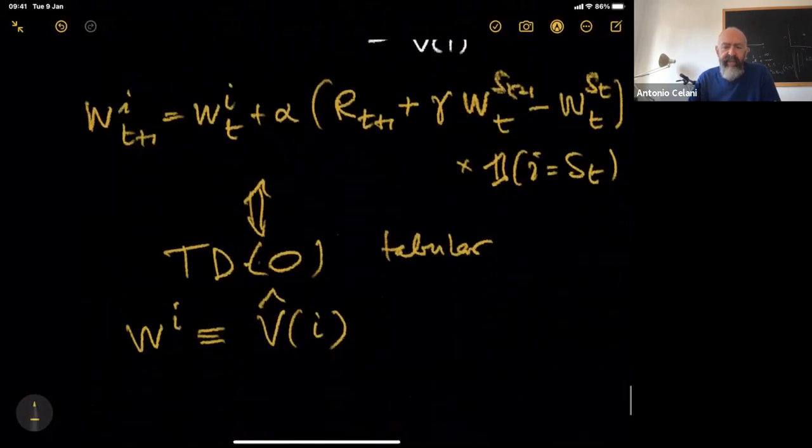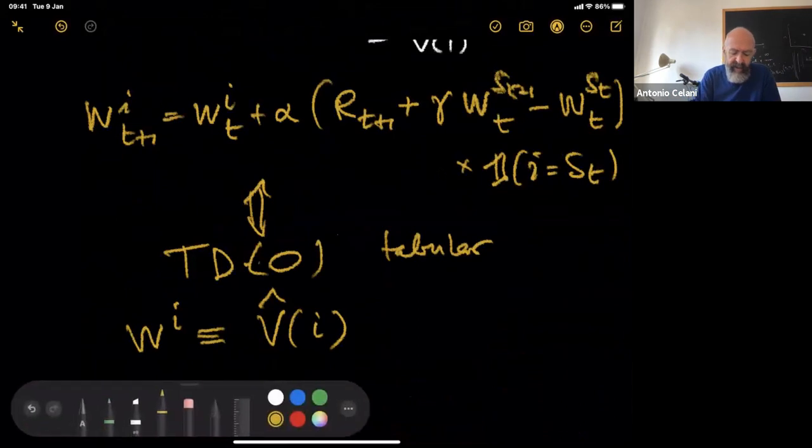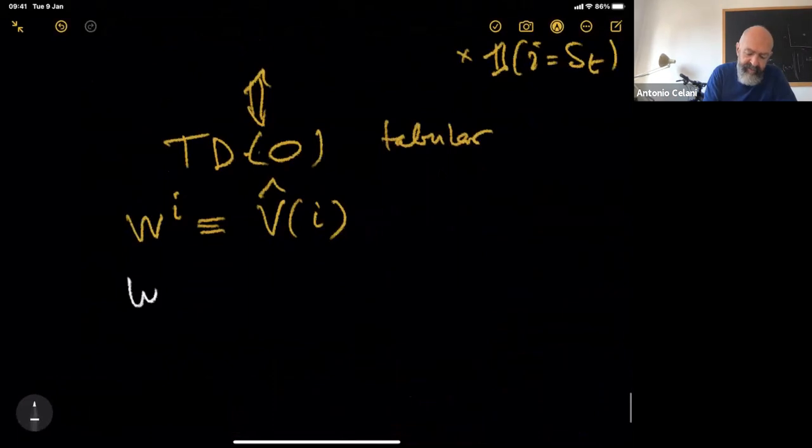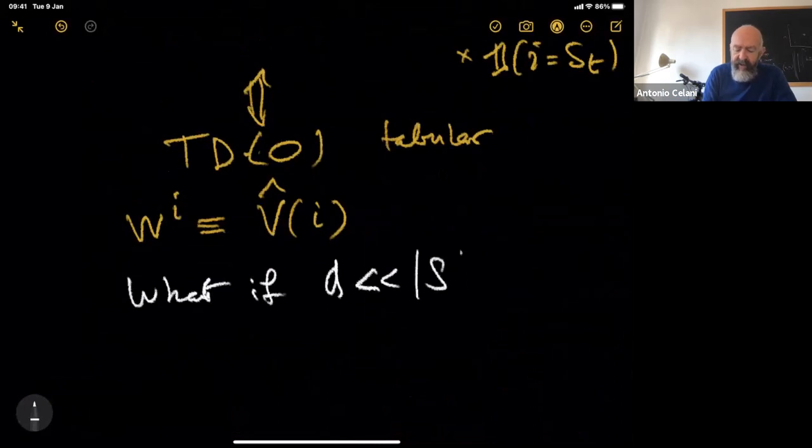Fine, this is interesting because it gives us a safe ground, but the question is how is this useful when we use heavily function approximation? So what if d is actually much less than the number of states, which is the interesting situation for linear approximation?